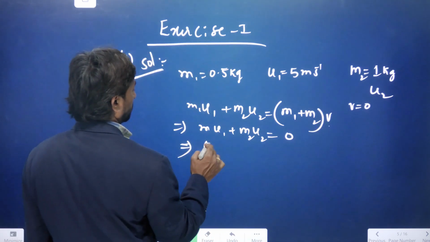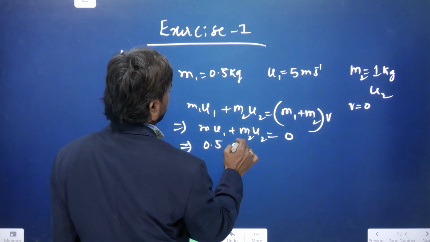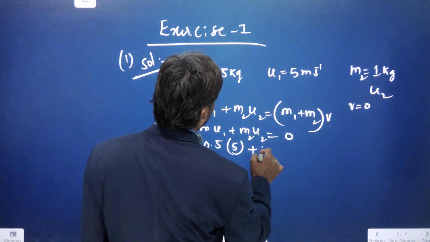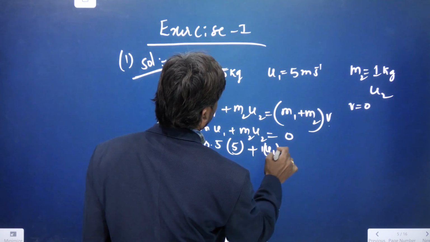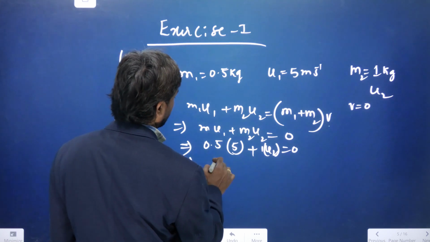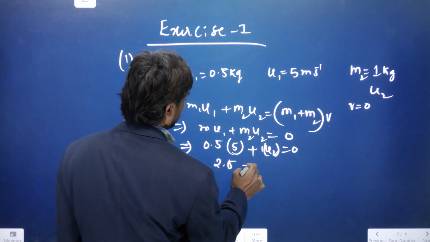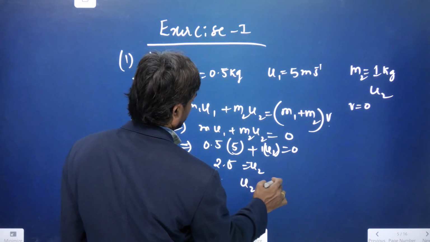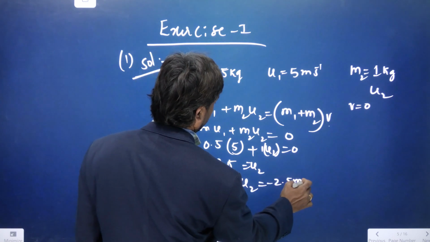So m1 is 0.5 and u1 is 5, plus m2 is 1 kg and u2, is equal to 0. Then 2.5 is equal to minus u2, therefore u2 is equal to minus 2.5 meter per second.